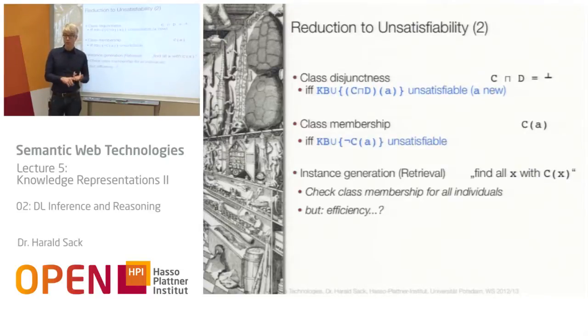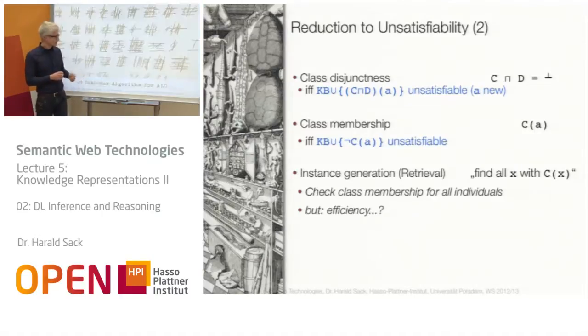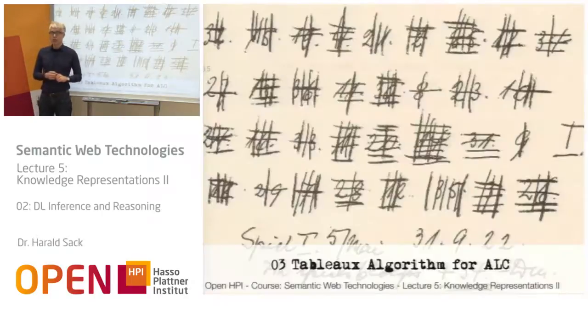This is based, of course, on unsatisfiability, and we have to prove that there is a contradiction. Therefore, we have to transform these problems, and you can check all these transformations that I have shown you in the exercises and the homework. So in the next part of the lecture, we want to take a look at the Tableau algorithm for the description logic ALC.